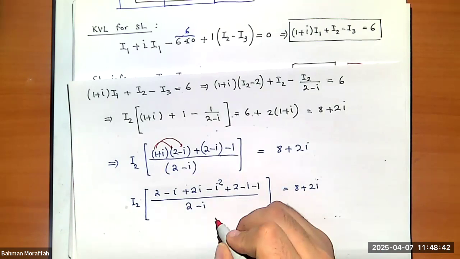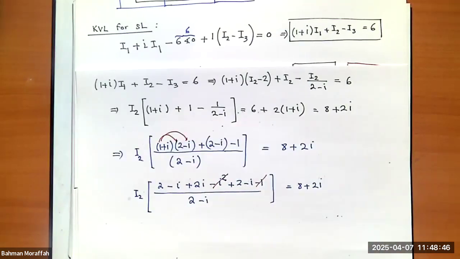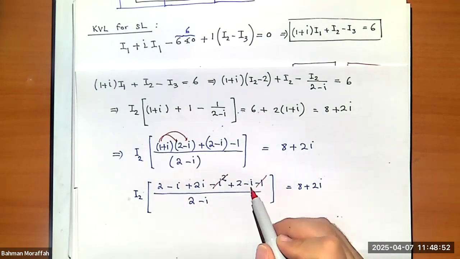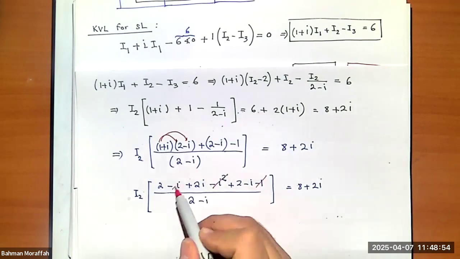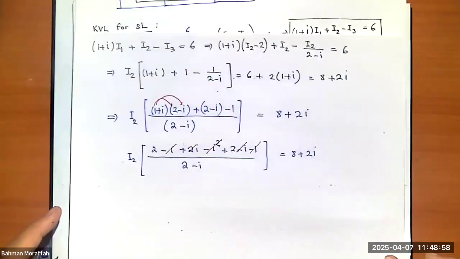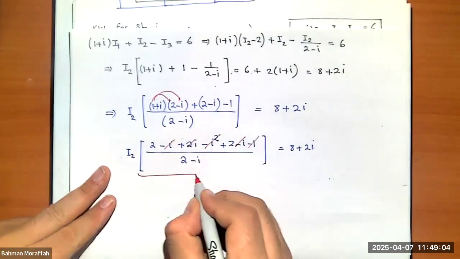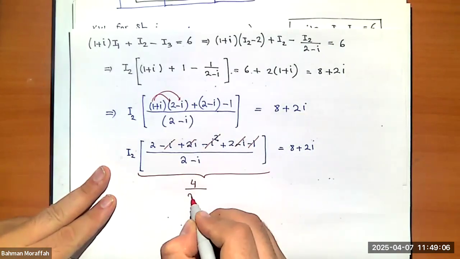This negative I squared and this negative 1 cancel. This is negative I, this is negative I, this is negative 2I, and this 2I cancel. So in my numerator, I have 4, and in my denominator, I have 2 minus I. So this is basically 4 divided by 2 minus I.